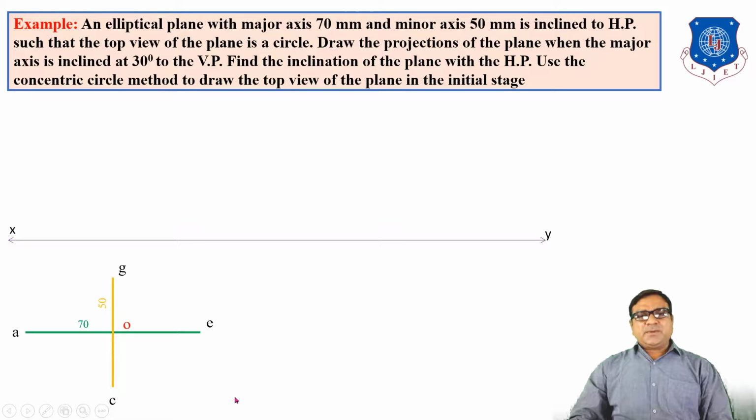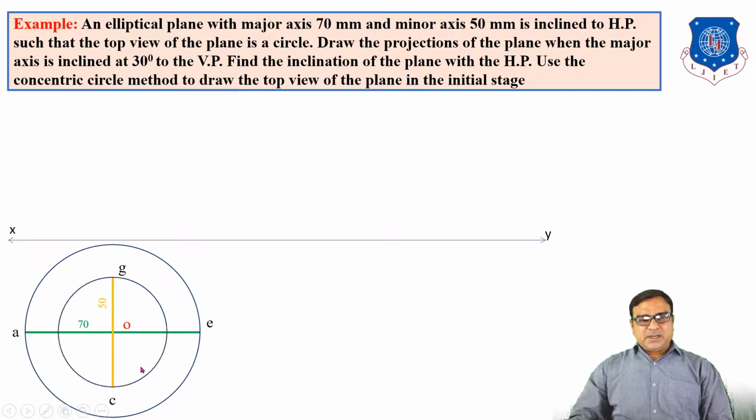Once you know the major and minor axes, you can use the concentric circle method to draw the ellipse. In the concentric circle method, draw one circle with center O and radius OE, and another with center O and radius OC. Divide the circle into n equal parts; here there are 4 parts.